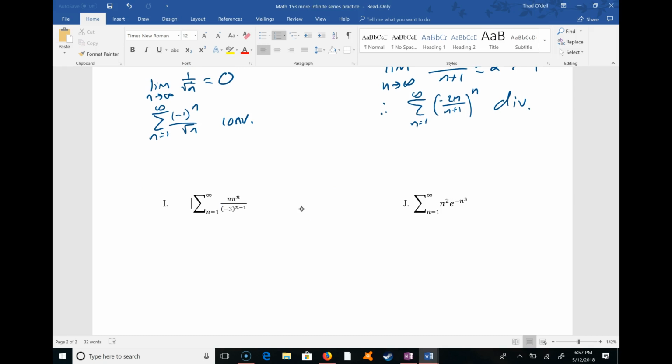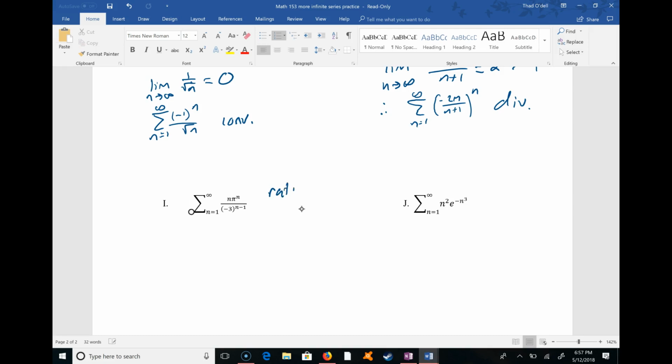All right, this one doesn't jump out at us because there's no factorial on this. It does have a negative down there, which means we can't use comparison test. Could use alternating series test possibly, but because there's power and exponentials mixed together, I think I'll use the ratio test.